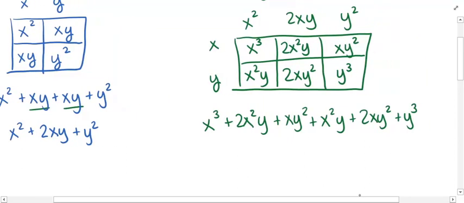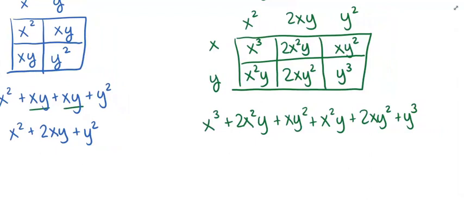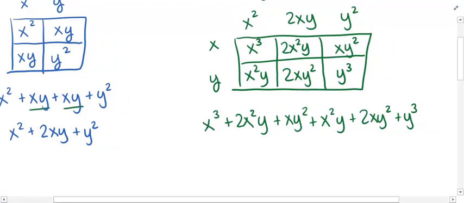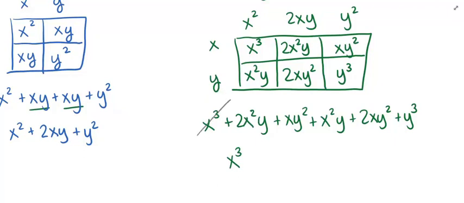So I just wrote it all down. And now I'm going to look to combine like terms. Remember, like terms have the same variables raised to the same powers. So here, nothing combines with the x cubed, so I'm going to go ahead and write it down. I'm going to scratch it out once I'm done with it.